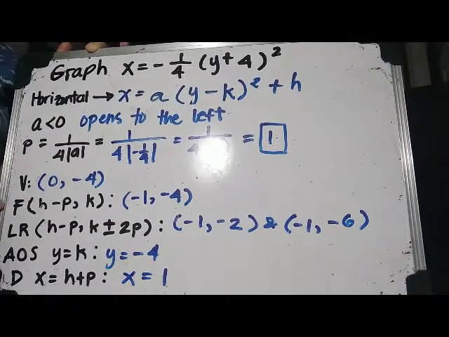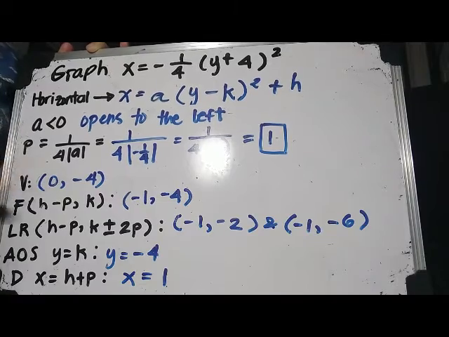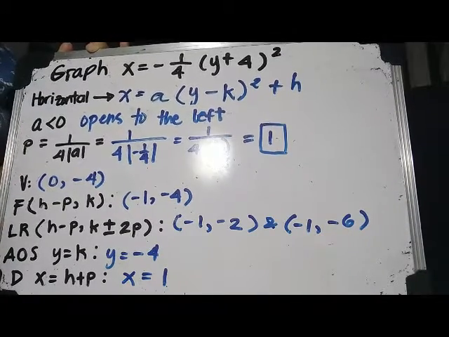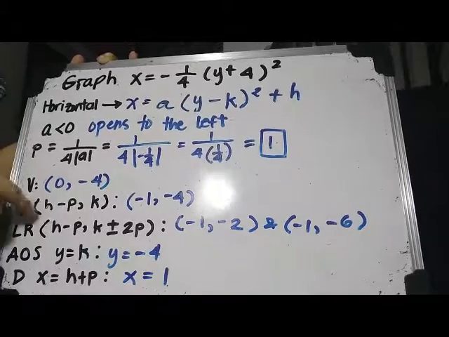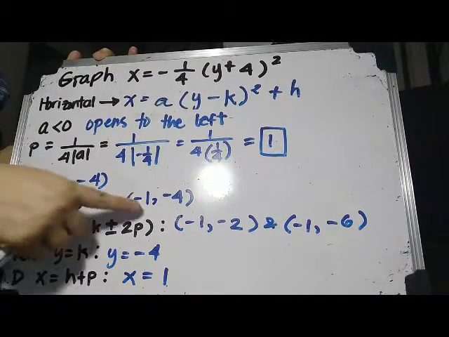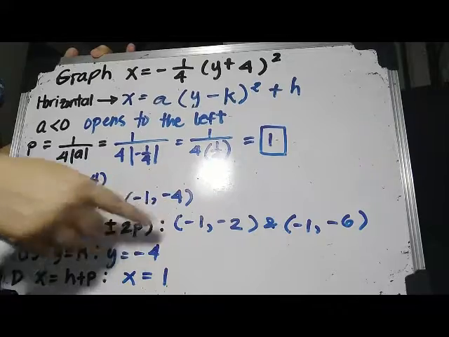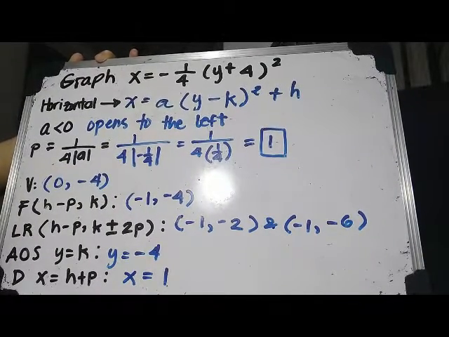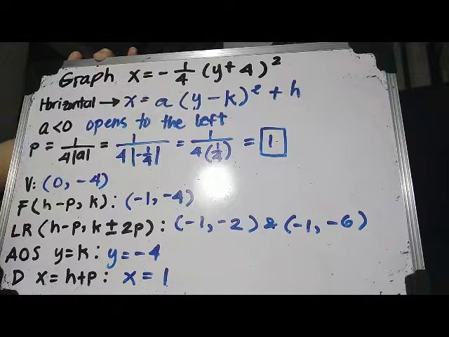For the focus, the formula is h minus p, k because it's a leftward parabola. Our h is 0, our p is 1, so 0 minus 1 is negative 1, and then copy the k, so that will give us negative 4. For the endpoints of the lattice rectum, the formula is h minus p, comma, k plus and minus 2p.